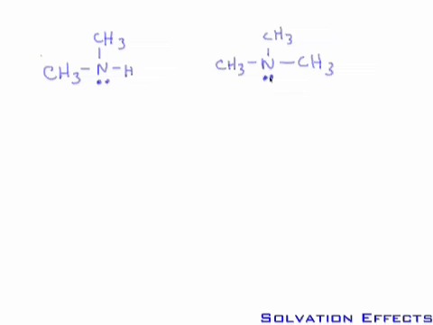Well, the reason for this has to do with another factor that's important in stabilizing our protonated cation that forms. And remember, stabilizing this cation helps to determine how strong a base you are. The more stable the protonated form is, the stronger the base the deprotonated form is.